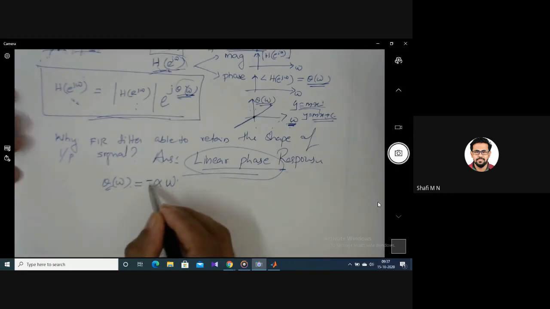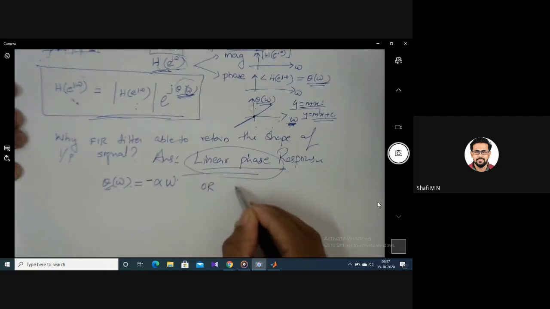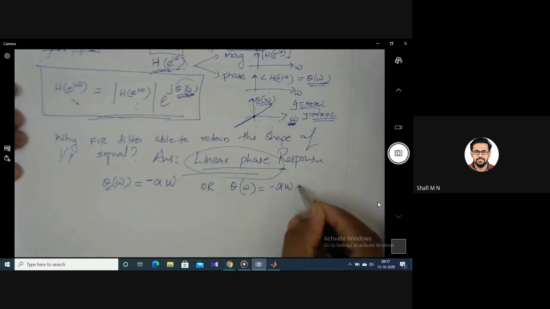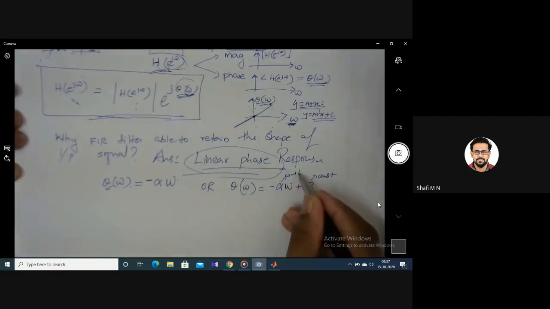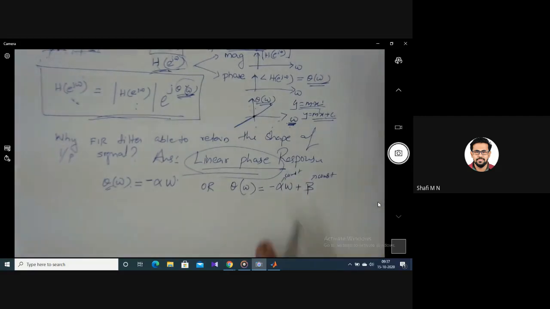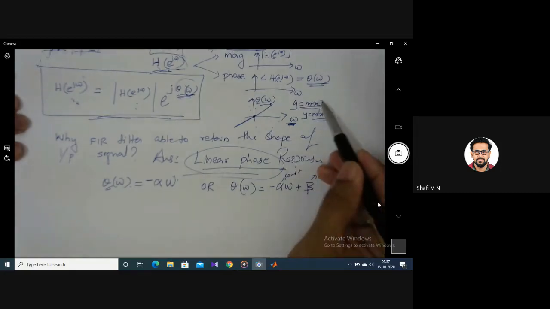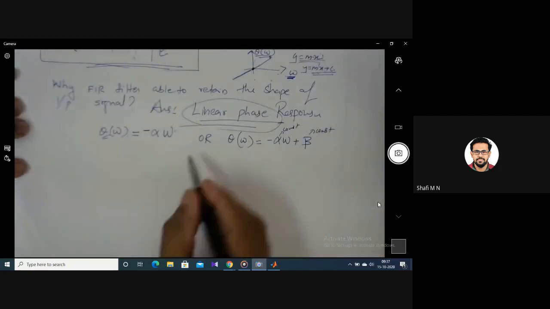I will come to that. So theta of omega equals minus alpha omega, or the other option is theta of omega equals minus alpha omega plus beta. Beta is another constant, and only omega is the variable. One straight line, two options: y equal to mx plus c, and y equal to mx where c is 0. The two cases are analyzed separately.